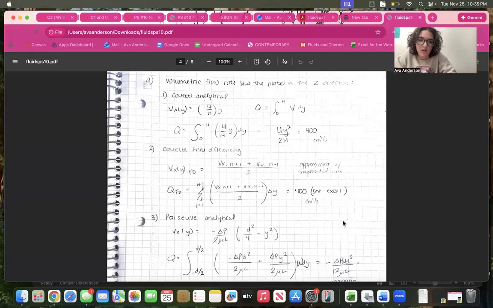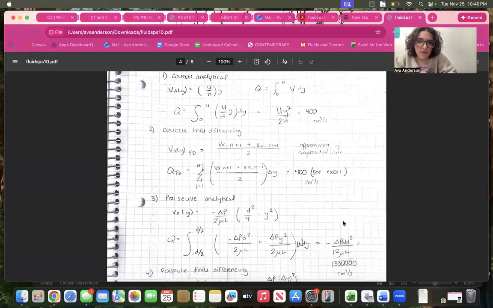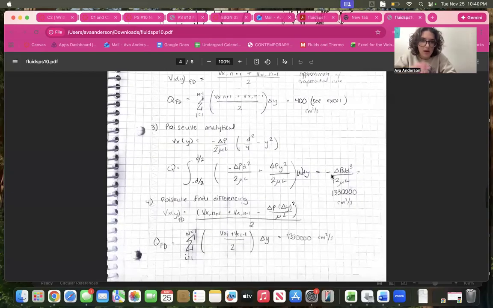Ends up being 400 centimeters squared per second. And for the finite differencing, you're doing the sum of all of the rectangles multiplied by the change in y, which also ends up being 400 centimeters squared per second. That's in my Excel document I'll show later.